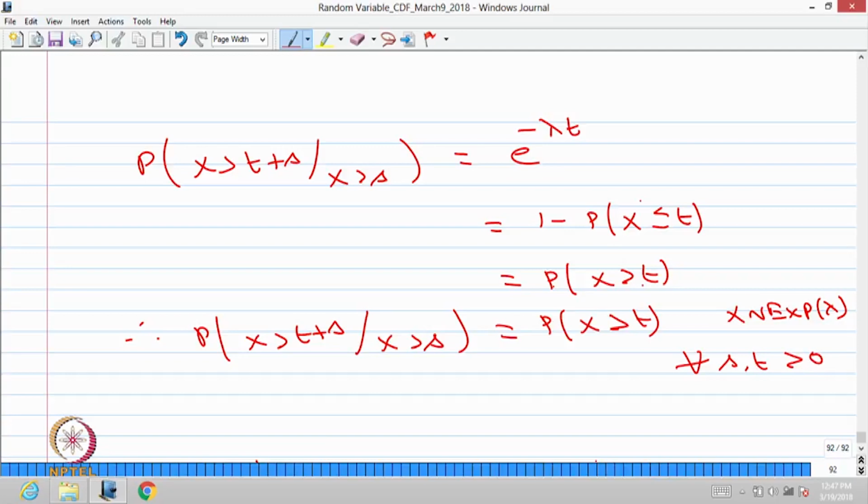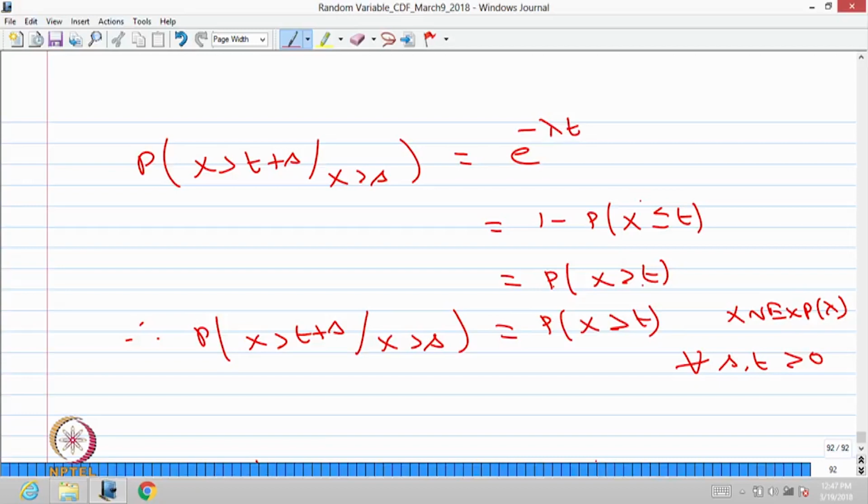The left hand side is a conditional probability, the right hand side is the probability of x greater than t. One more observation: the left hand side involves s as well as t, whereas the right hand side involves only t, which is free from s. That means the information about s disappears on the right hand side.